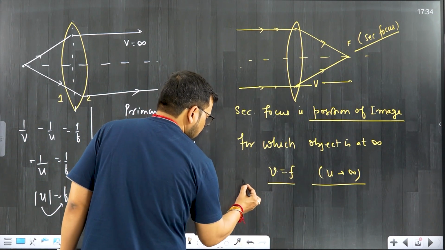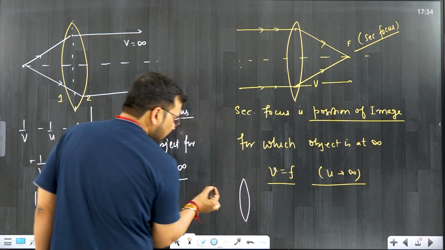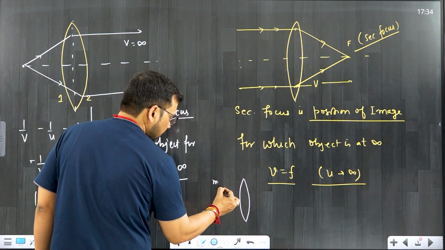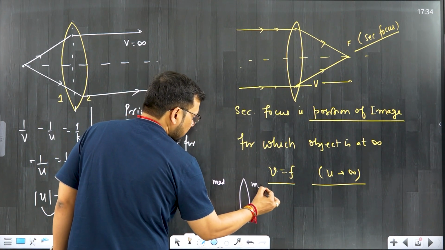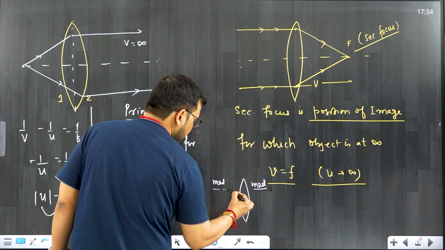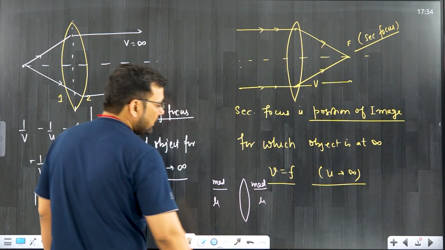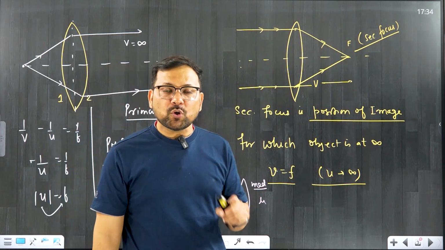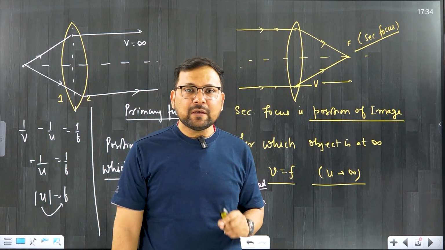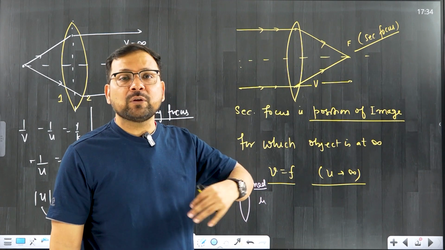But suppose this is the lens we are having, and the medium on the left side and the medium on the right side are the same, like this is mu and this is also mu. If the medium on both sides of a lens is equal, then the primary focus is equal to the secondary focus.